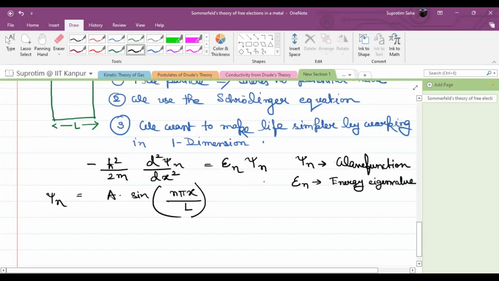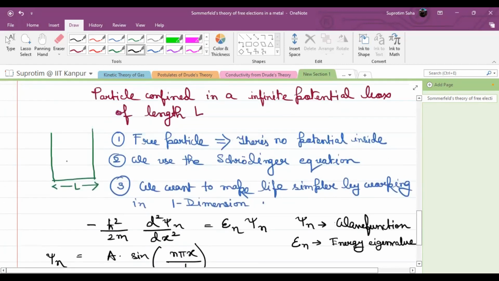The solution you're very familiar with is that for different n, it will have a different number of nodes. The wave functions will behave like this. For n equals 1, you don't have a node. For general n, there will be n minus 1 nodes. So let me just draw it properly.